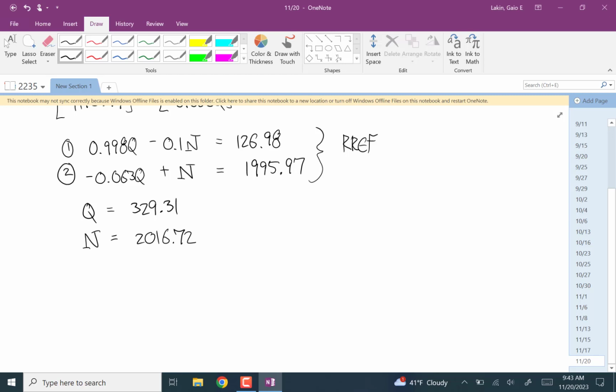So remember that the couple is equal to Q times R. And so that's 329.31 times the radius of 0.01. And so you get 3.29 Newton meters.